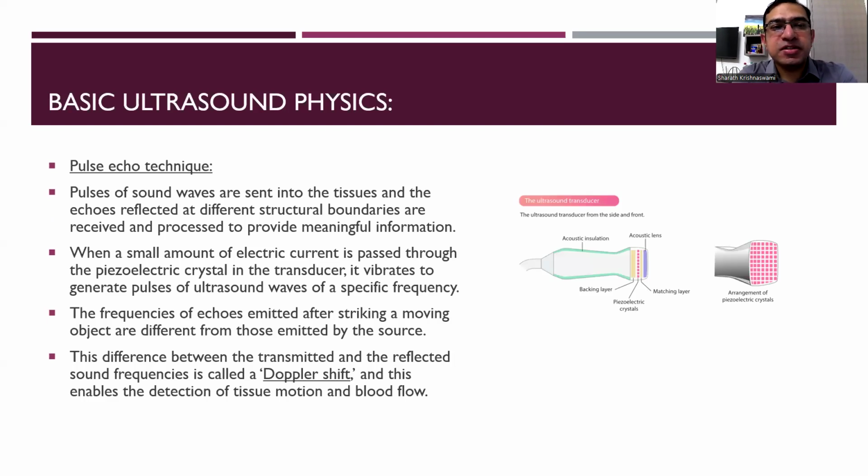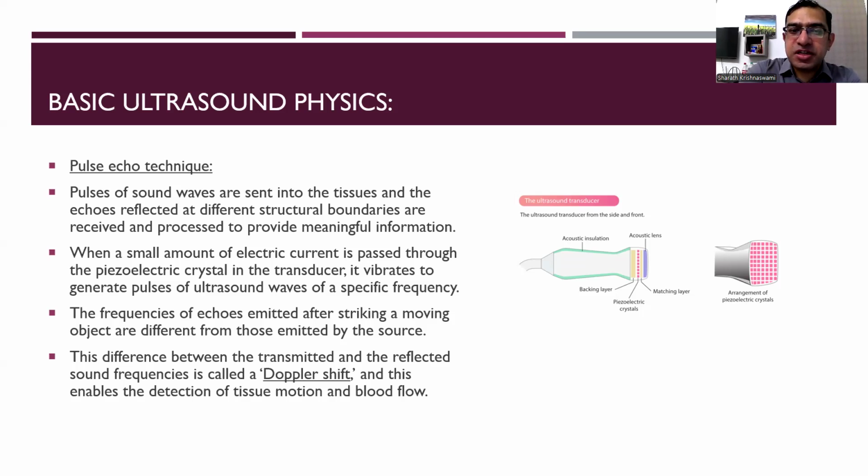Coming to trying to understand what the basic ultrasound physics behind Doppler is. So Doppler follows the pulse echo technique. This is when pulses of sound waves are sent to the tissues and the echoes are reflected at different structural boundaries. These reflected waves are received and are processed to provide meaningful information. This happens when electric current is passed through a piezoelectric crystal in the transducer.